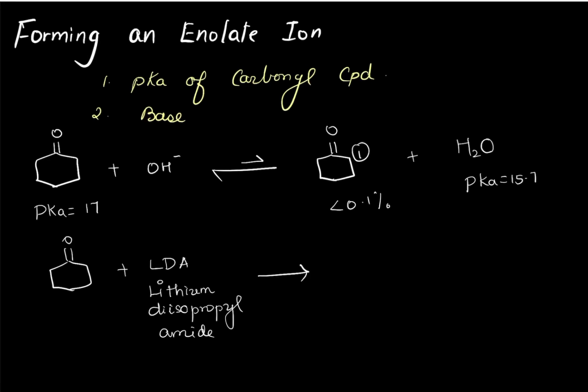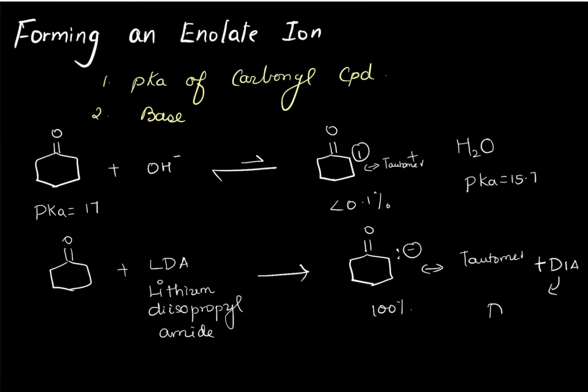The reaction is going to be almost complete, with the product yield being about 100%. This is going to be in resonance with the other tautomer. I'm not going to draw the structure for it; I hope that you know how to draw it. Along with that, you will also get diisopropylamine.